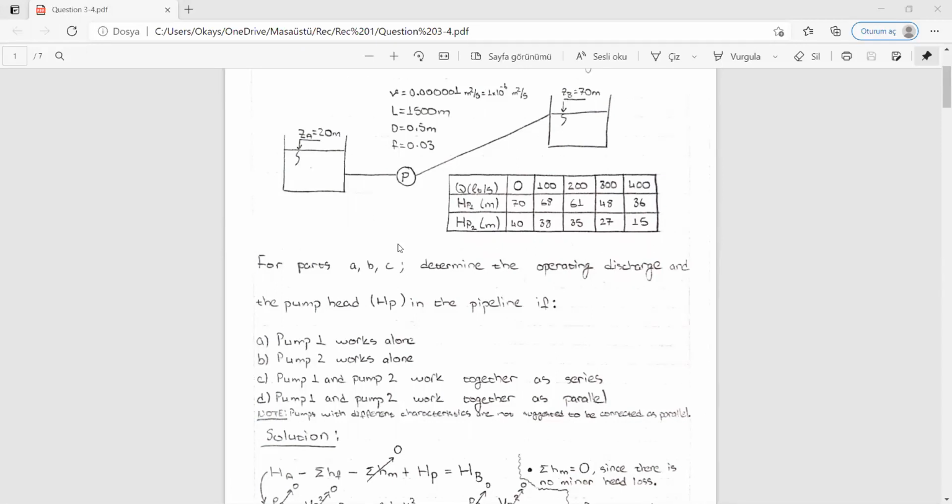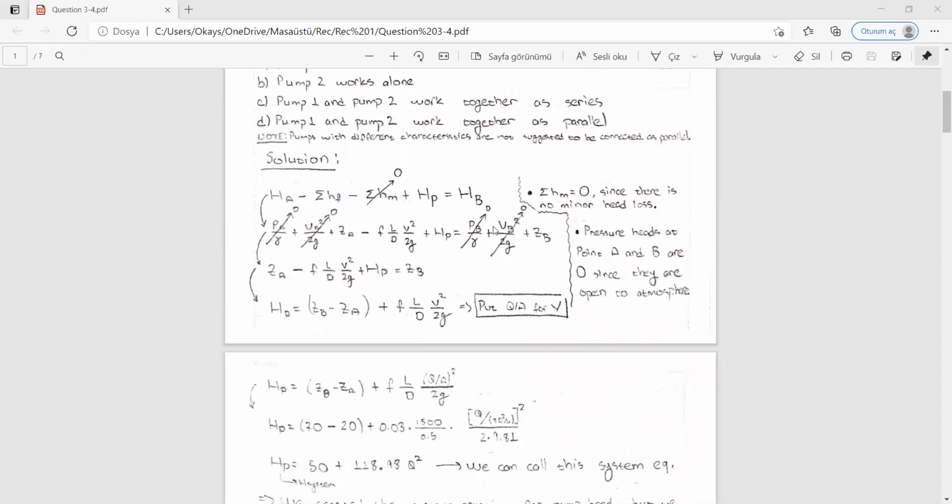So you need to be careful about it. These discharges are given to us as liter per second. So you need to convert these values into meter cube per second. And when you convert from liter to meter cube, you need to divide by 1,000, or you can say 10 to the minus 3.